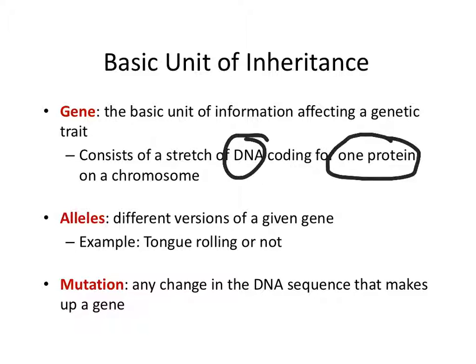Now, I mentioned, and I asked this in class, what is an allele? An allele is a different version of a gene. So, let's say we have a gene for the color of flowers. We'll say red.